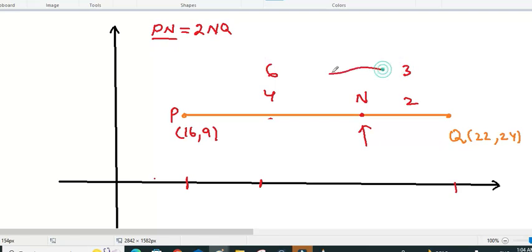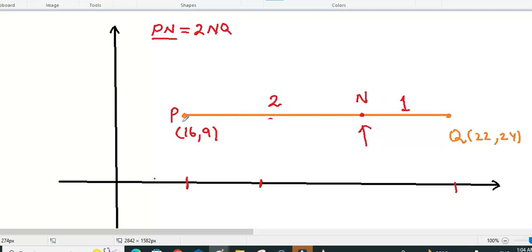And this distance is double this distance, right? So in this way, I can simply say that if this distance is 1, this distance is double the NQ, right? Okay, up till here things are going fine.